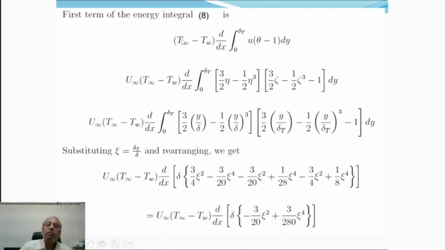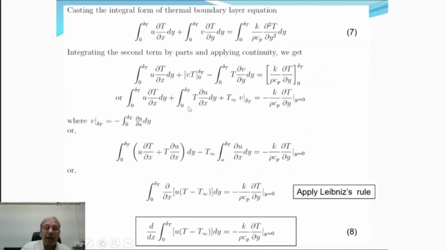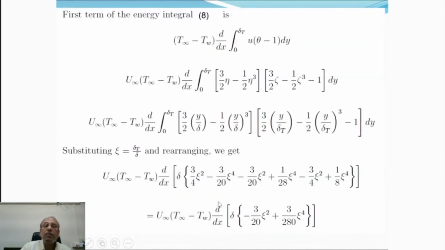So the left hand side of the energy integral equation we can now write as (T infinity minus TW) into d/dx of the integration from 0 to delta t of U into (theta minus 1) dy.